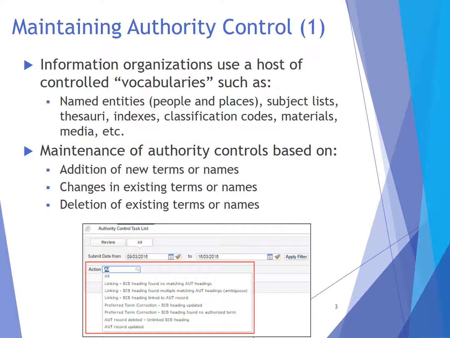One of the main things that you have to do as somebody involved in organizing information or cataloging or descriptive activities, if you have a database or another system where information is presented and accessed, is maintain your authority controls. Whenever you think of authority controls, you should think of controlled vocabularies or controlled lists that would contain entries that are controlled.